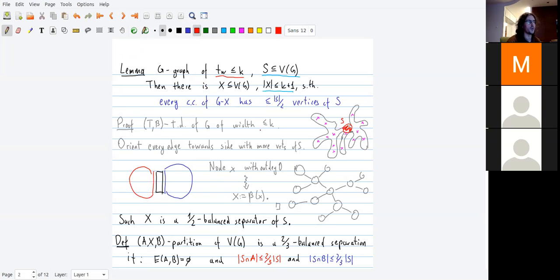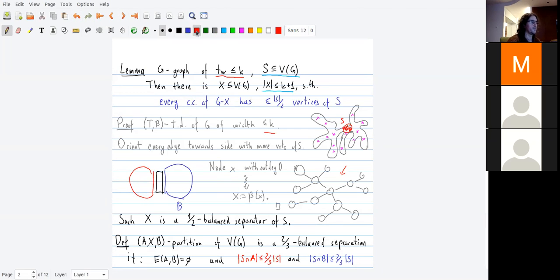Let's look at a tree decomposition of width at most k of my graph. So here it is. Again, as we looked at last time, every edge of a decomposition corresponds to a separation in my graph, a separation into left, right, and center.